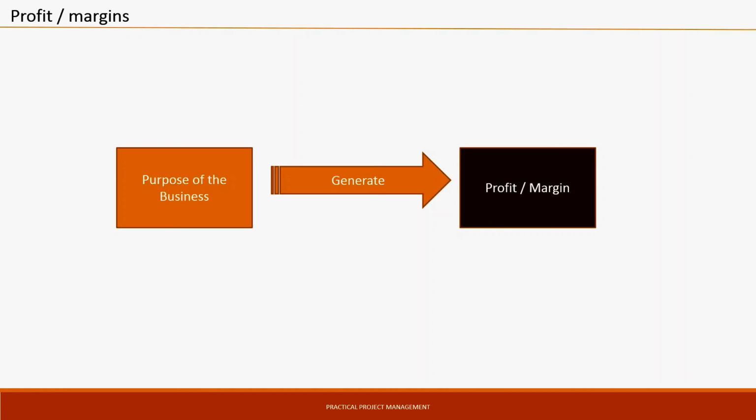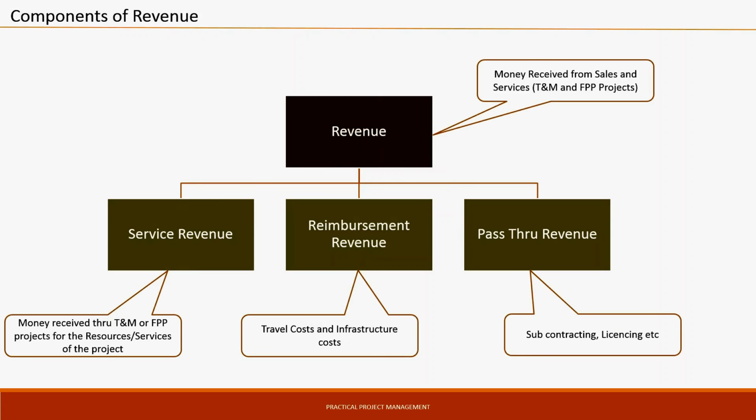The ultimate objective of every business is to generate profit and margin. So we need to understand what is meant by profit, to understand how to increase it or what things will decrease it. That is going to be the discussion point in this session.